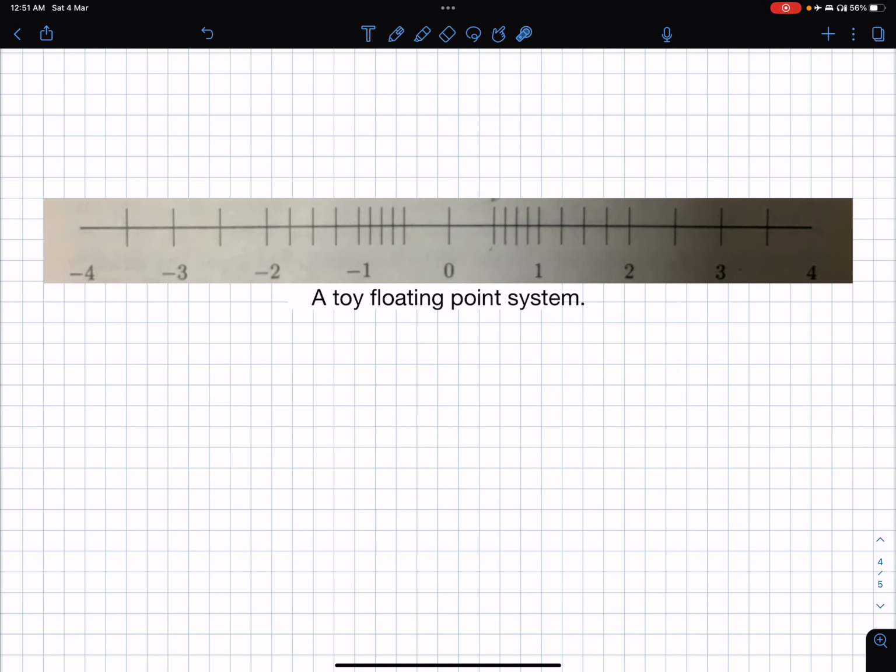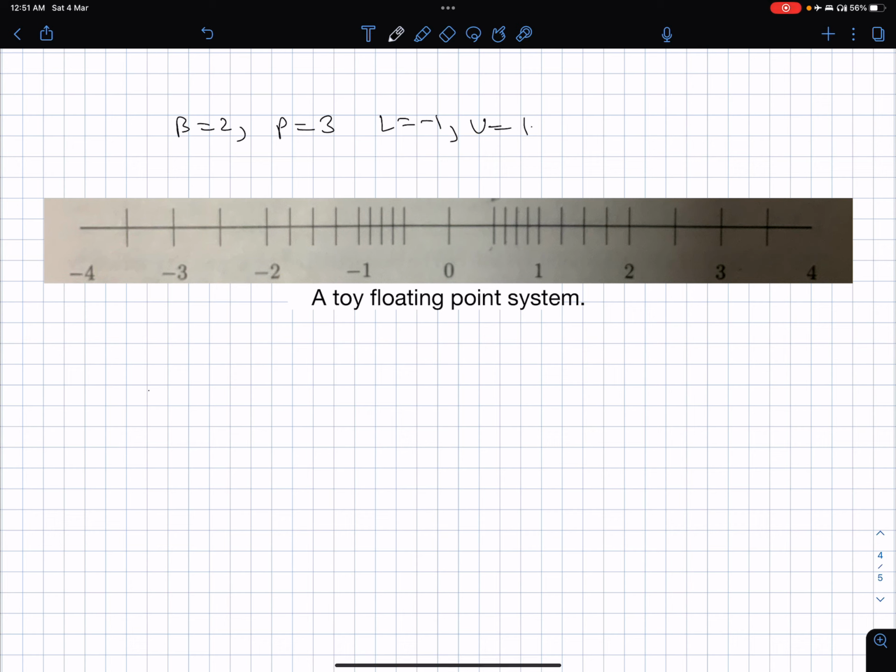I'm taking a toy representation example of a floating point system, with beta equal to 2, precision equal to 3, and L equal to -1 and U equal to 1.